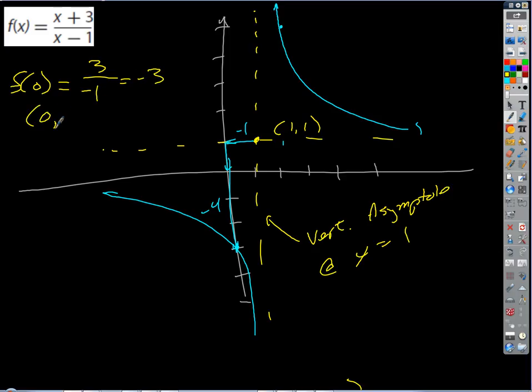So that's telling me that I've got the ordered pair (0, -3). But that works. I get a point back when I do that. Well, yeah, 1. How come 1 doesn't work? Because I have to divide by 0. That's one of our 2 rules, isn't it? We said there's only 2 things you can't do for real numbers. We can't divide by 0, and we can't take a square root or any even root of a negative number.